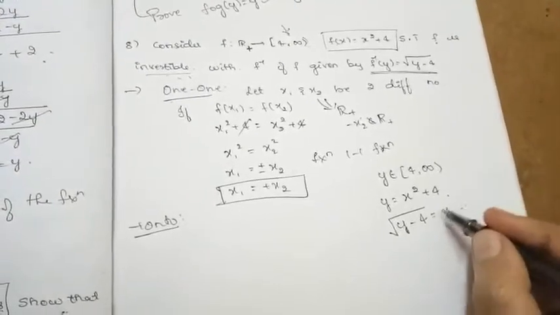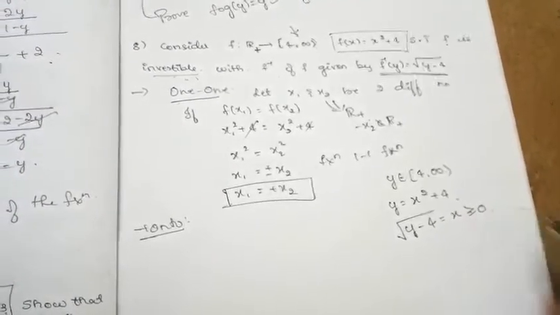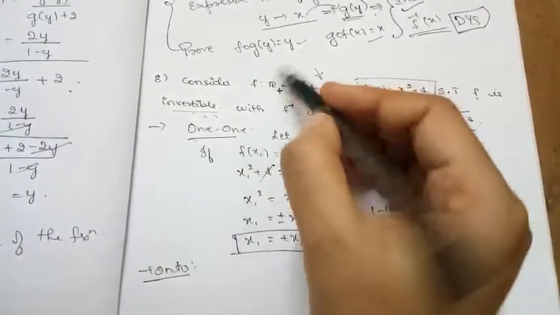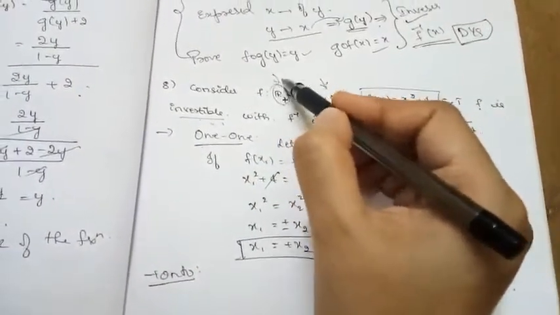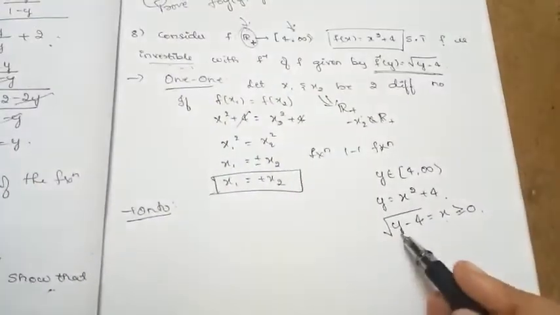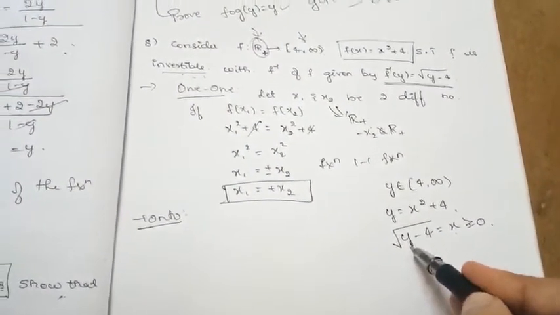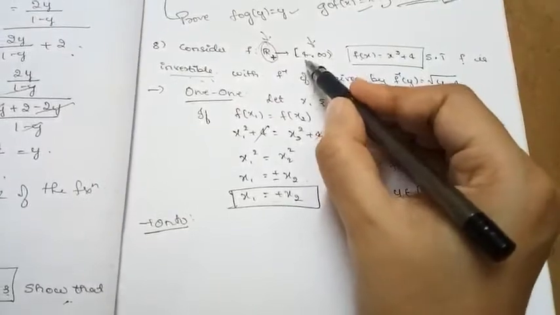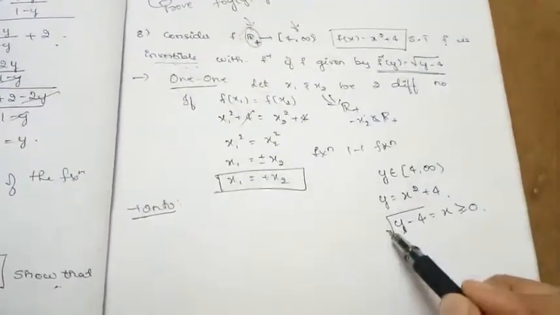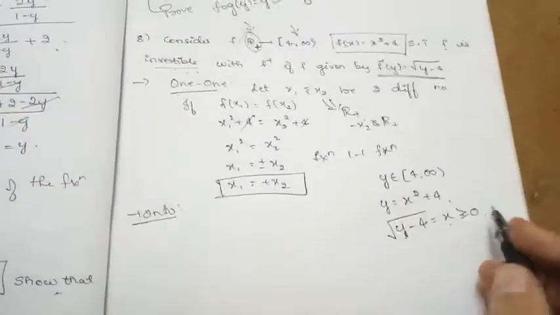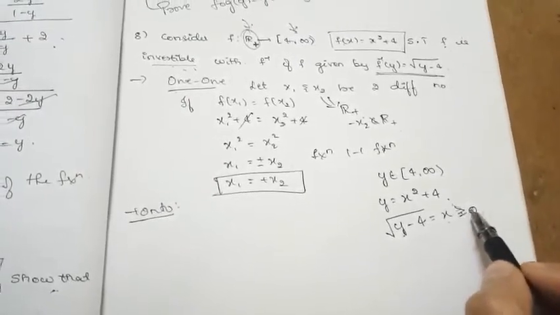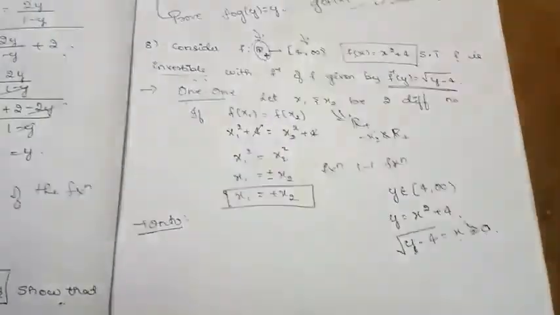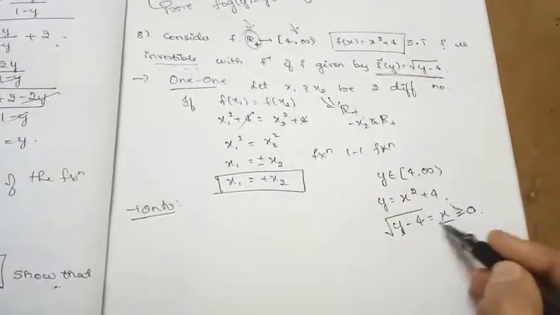Obviously this is also greater than or equal to 0, so x lies in the set of positive real numbers, and whatever value we take for y, it lies from 4 to infinity, so we are not getting any negative values. So all those x will be greater than or equal to 0.